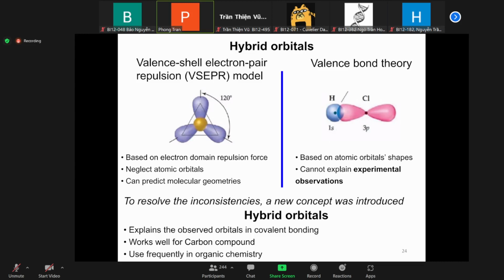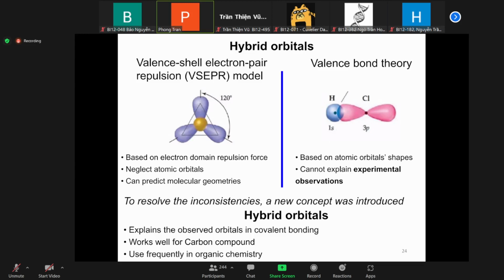That means whether the electron domain comes from an S orbital or a P orbital, they are not distinguished; S and P will have the same character in this model. We consider only the electrons, not the original orbital, whether S, P, or D. The good point of this model is that we can predict the molecular geometry.